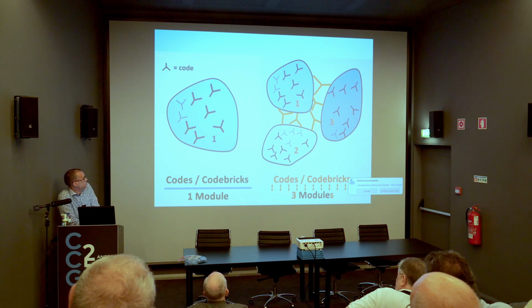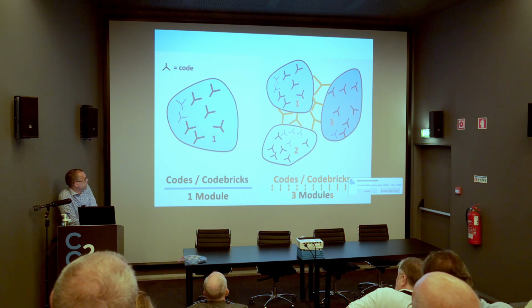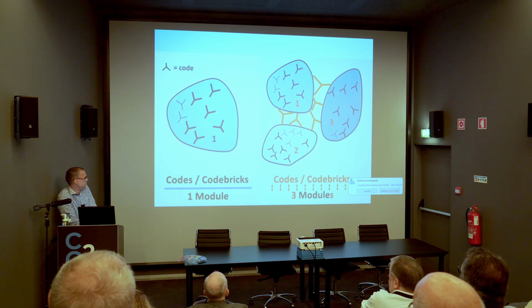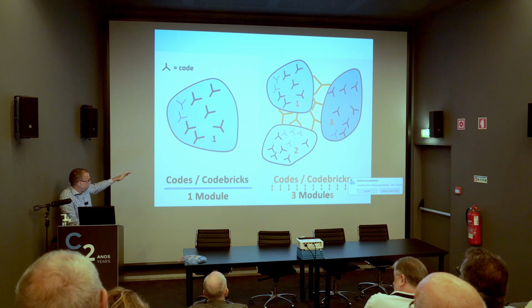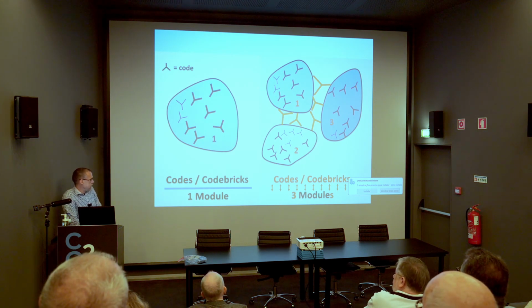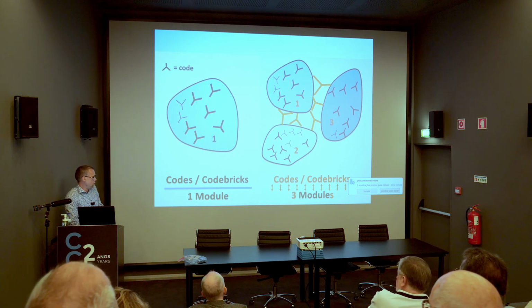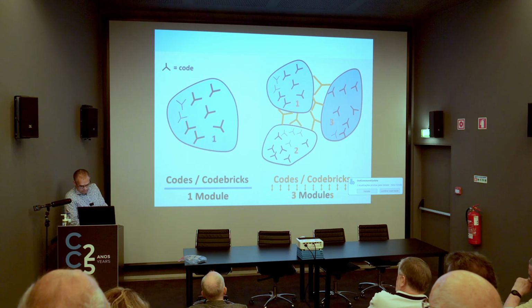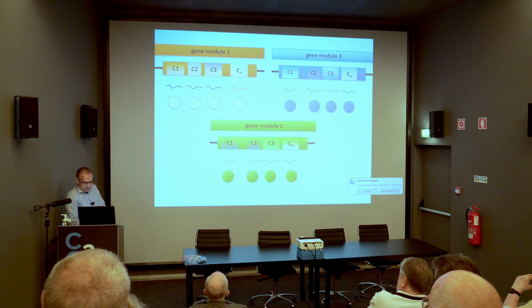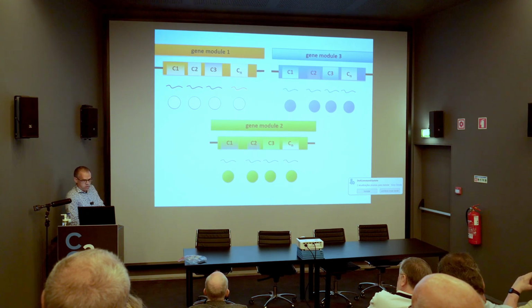And if we now have 3 modules, we may identify codes that mediate the interaction between modular structures. So we have on the one hand the codes per module. On the other hand, we may find the interactions between modules also mediated through codes. And this may at the same time relate to what is known as gene modules.